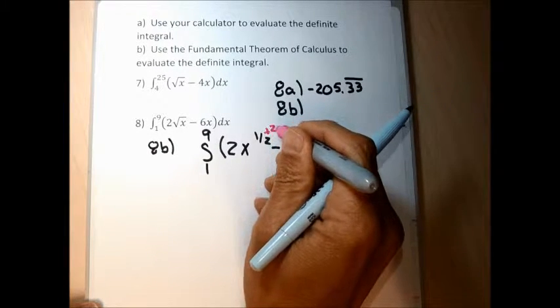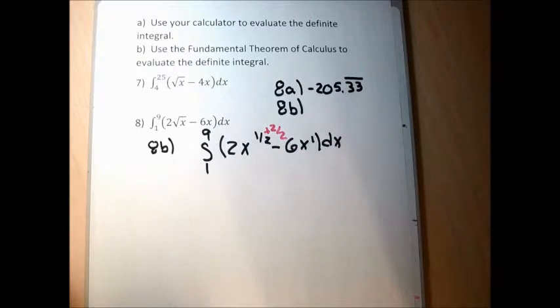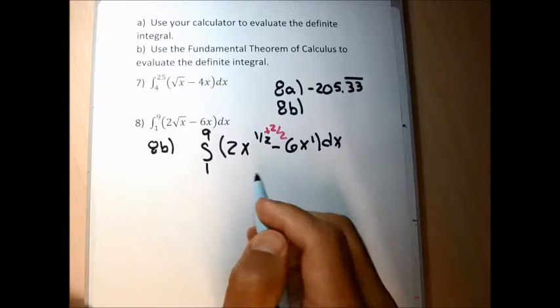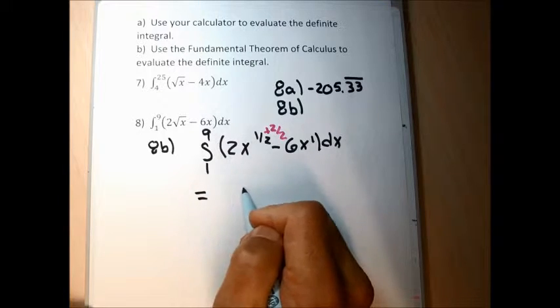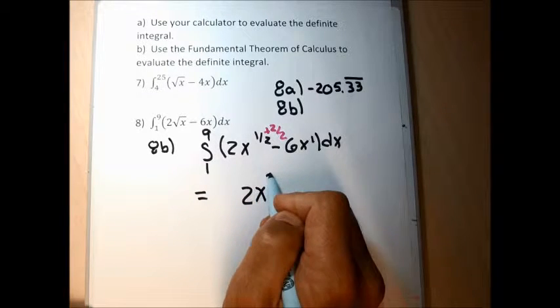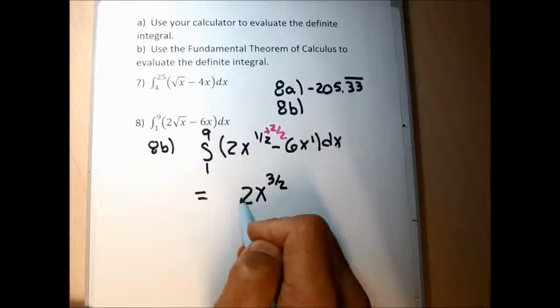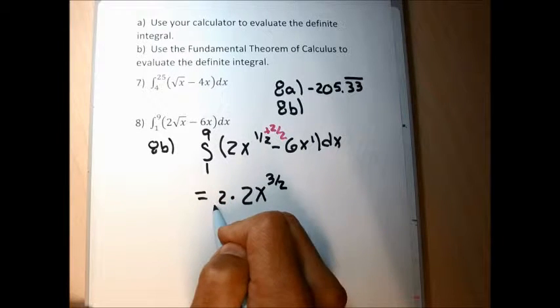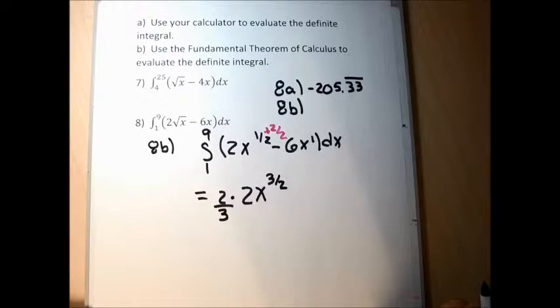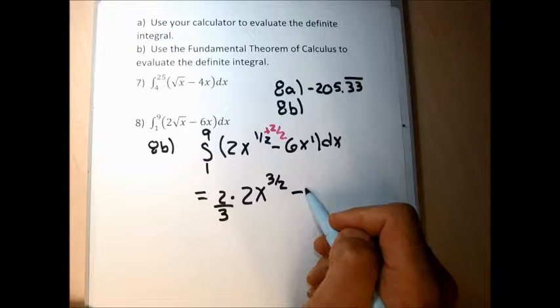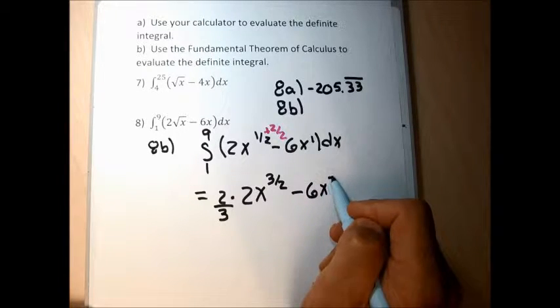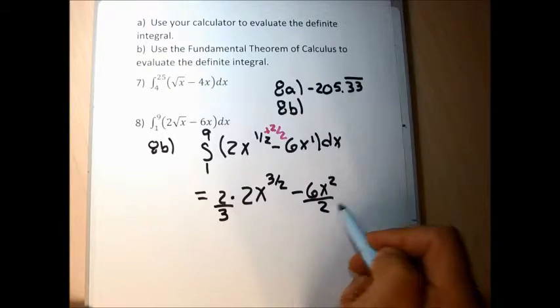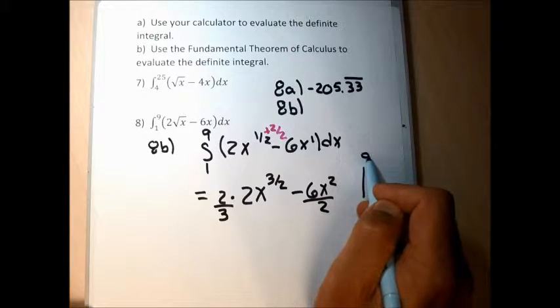For the 2x to the 1/2, the new exponent would be 3/2. So this is going to give me 2x to the 3/2. Again, it's better to multiply by 2/3 than it is to divide by 3/2. Next piece is going to be minus 6x to the second power over 2. And then I need to deal with this 1 and 9.